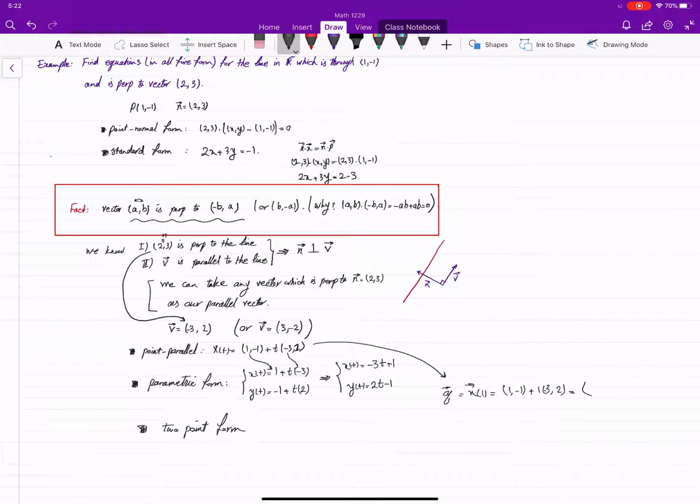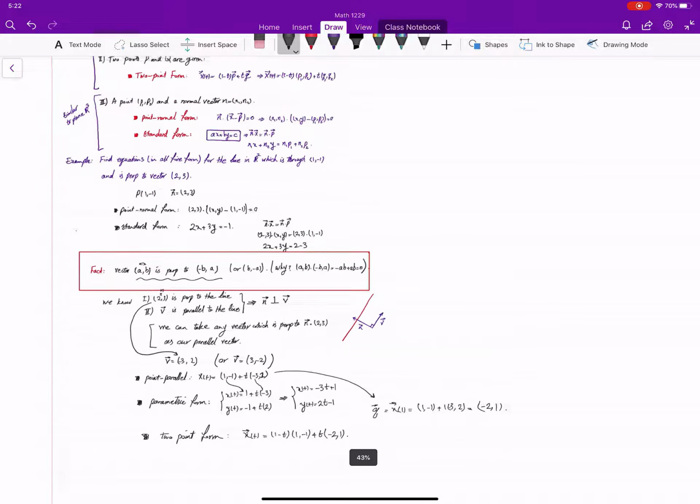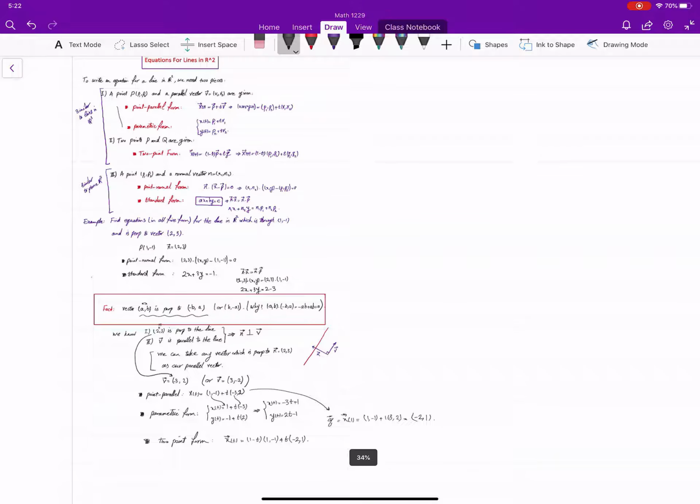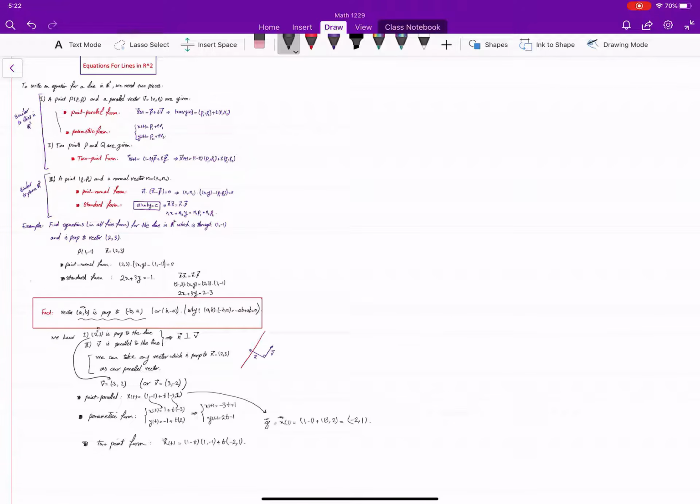That gives us 1 minus 3 is -2, and -1 plus 2 is 1. So we have Q, we have P. So x(t) is going to be 1 minus t times P, which is (1, -1), plus t times Q, which is (-2, 1). So these are all forms for one line. You have to know how to find these forms, what kind of information you need, and how you can go from one to the other.